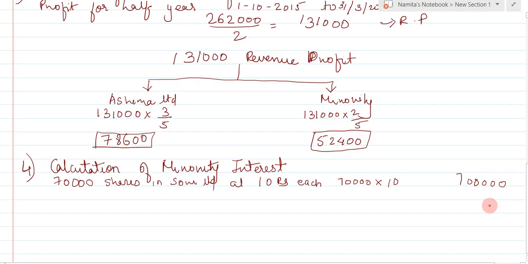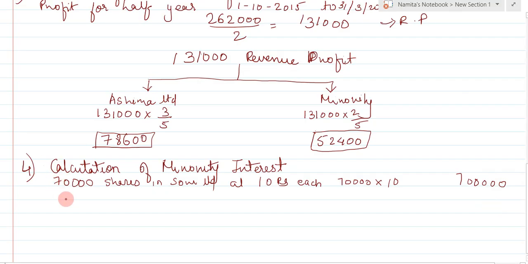Hope you have understood. Now the minority's shares in Sony Limited are 70,000, and each share value is 10 rupees. So the share capital of minority becomes 7 lakh rupees.